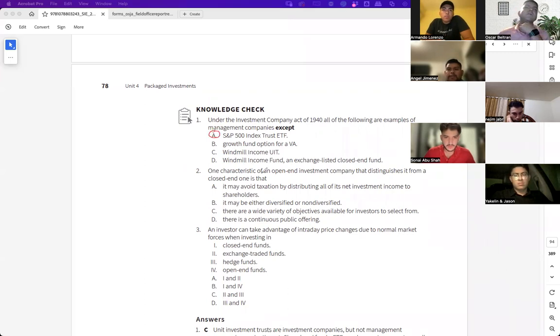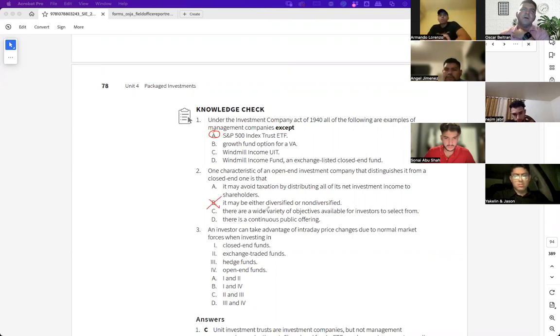Okay. Two, one characteristic of an open-end investment company that distinguishes it from closed-end is that it may avoid taxation by distributing all of its net investment income to shareholders. Okay, it may either diversify, they can both do that.